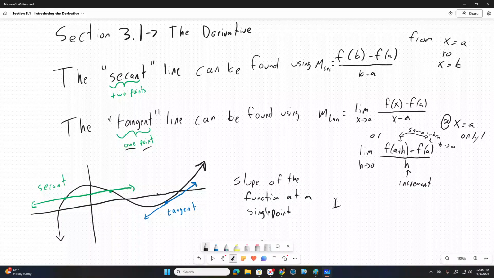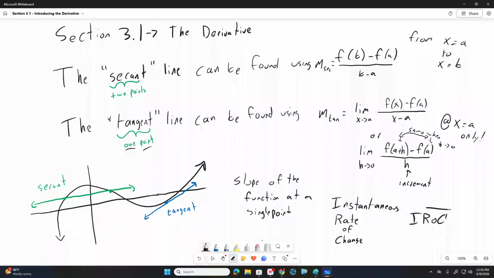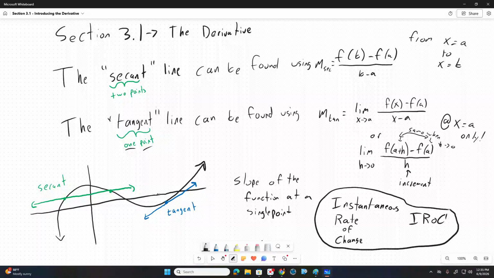We sometimes refer to this as the instantaneous rate of change, aka IROC. Now, some texts refer to the secant line as an average rate of change, or AROC, but I will say it's less common to see. We're going to refer to this as instantaneous rate of change a lot.